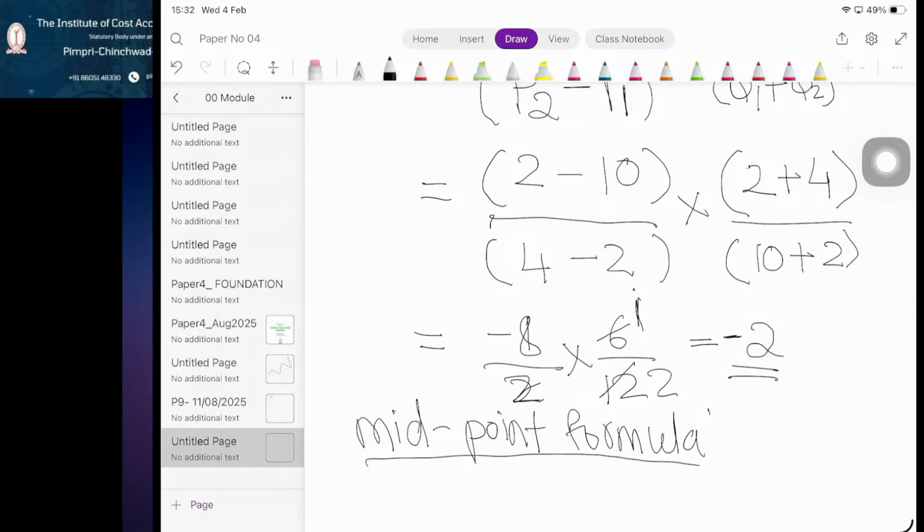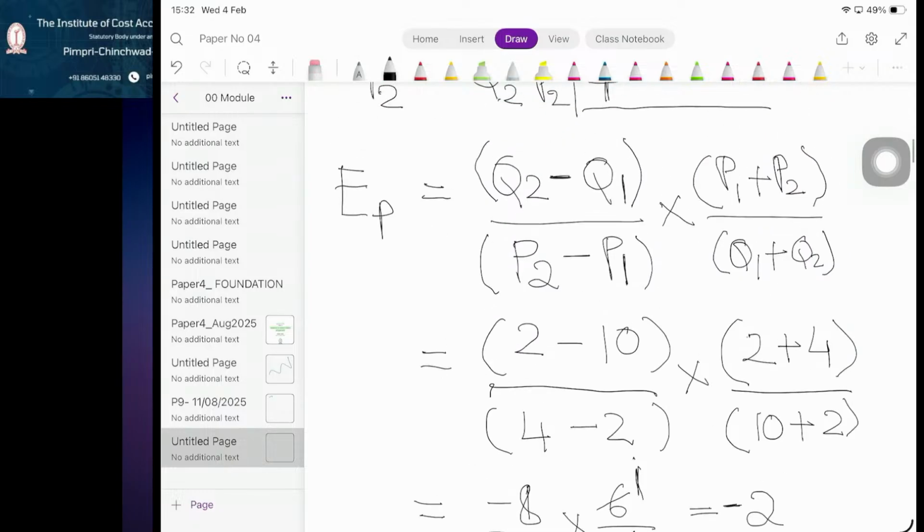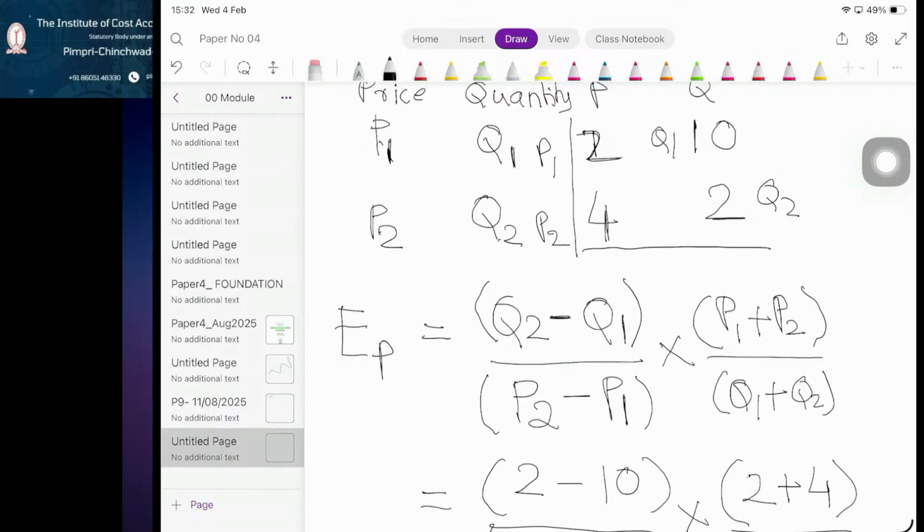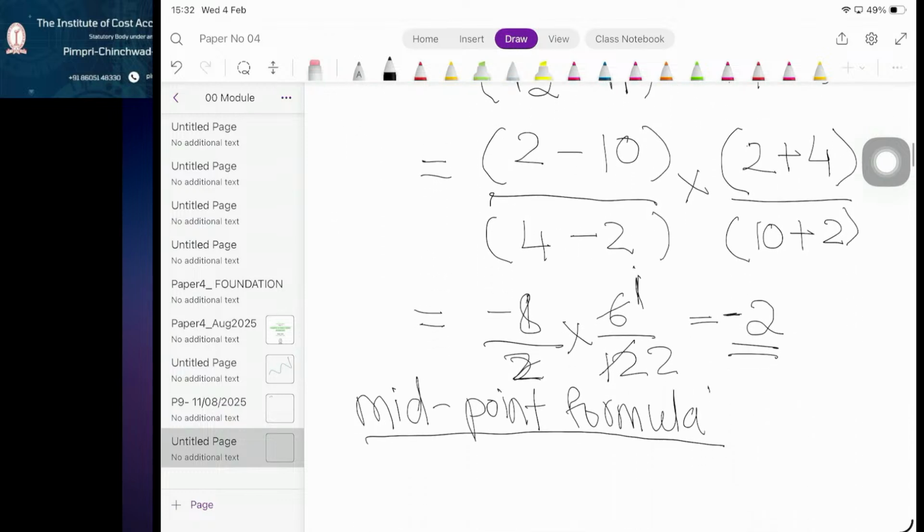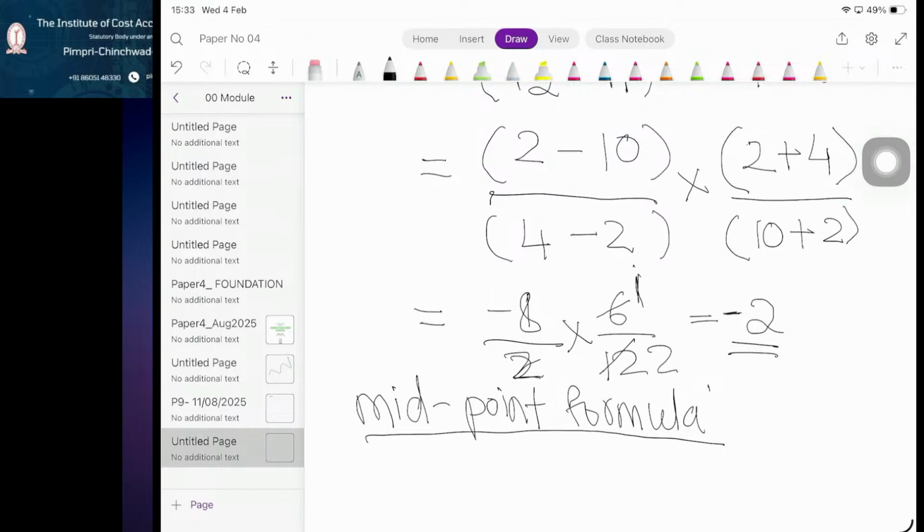So if given a choice, use the midpoint formula, but sometimes if you are given a numerical question in the exam and it is not mentioned which formula is used, you should also check the first formula that we used, going from the base to the change. Maybe we can check from the study material one of the problems to be solved today, which has been asked as a multiple choice question, to see if we can get the answer. But have you understood?